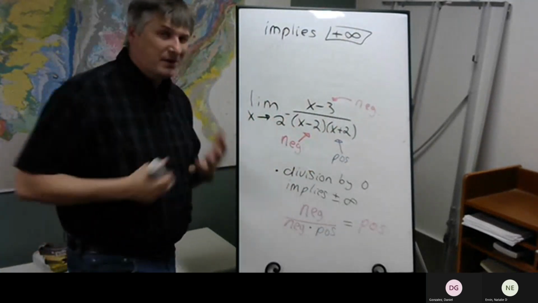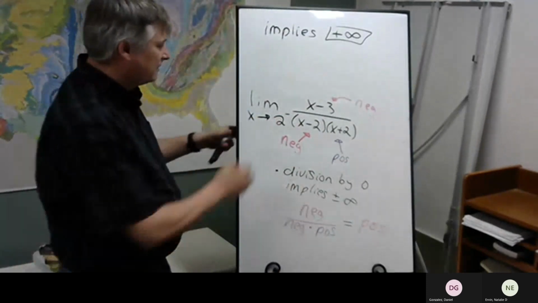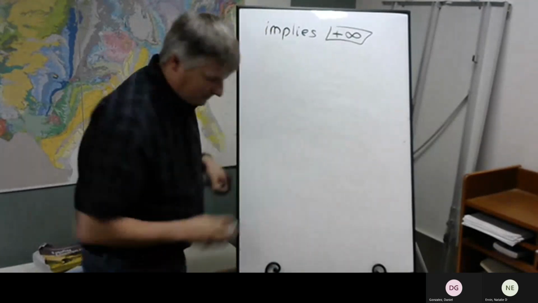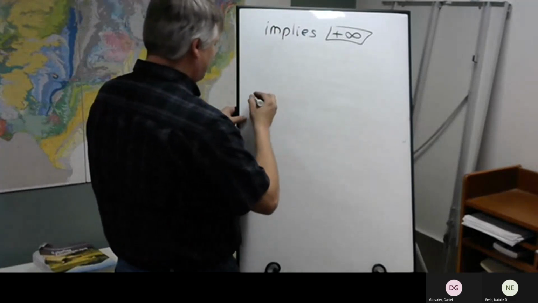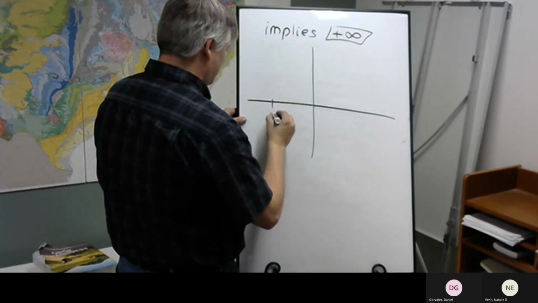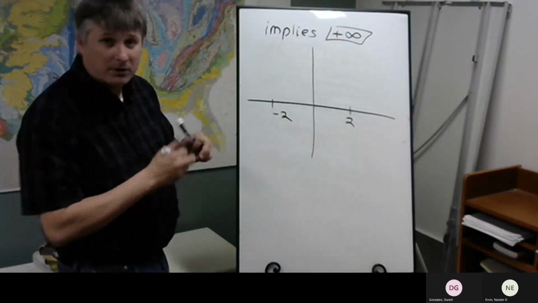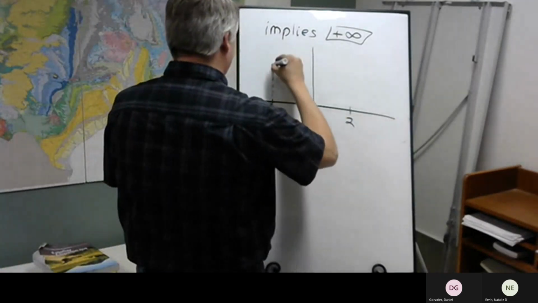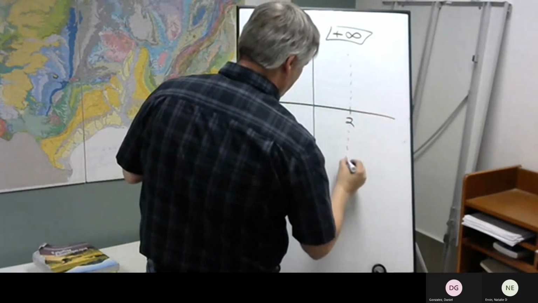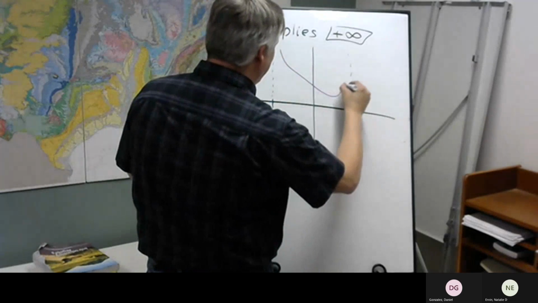So one thing I'm going to recommend with this problem is graphing. If we graph it, we can remove all doubt. If we graph this thing, what we're going to see is kind of a lopsided shape.